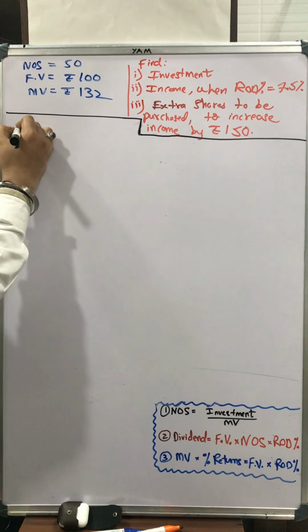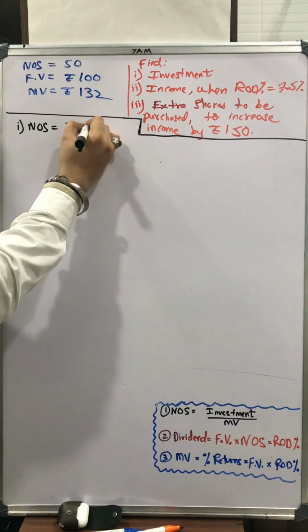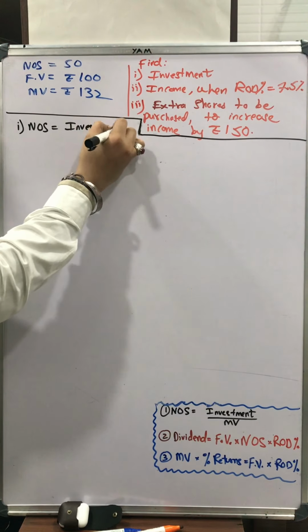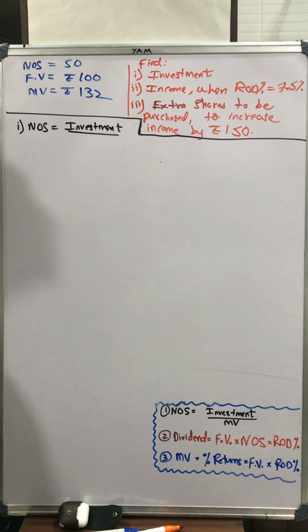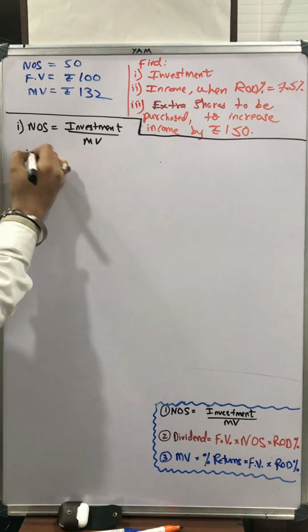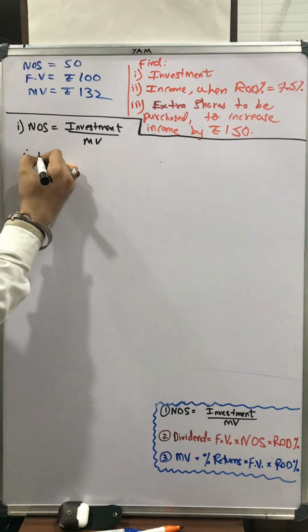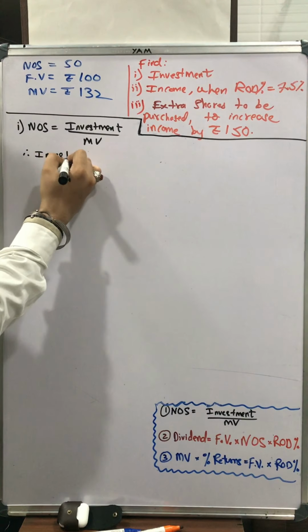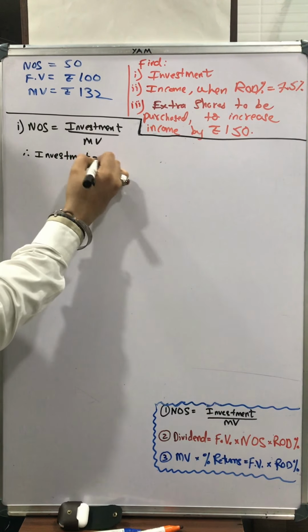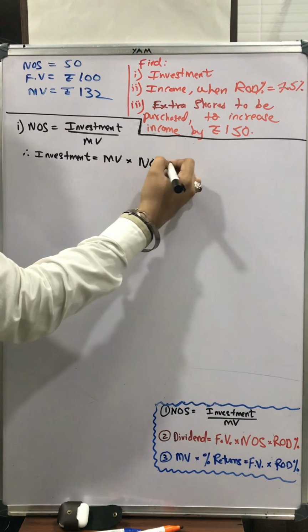So first part, number of shares is investment upon market value. Okay, so therefore investment is market value multiplied by number of shares. So investment is nothing but market value multiplied by number of shares.